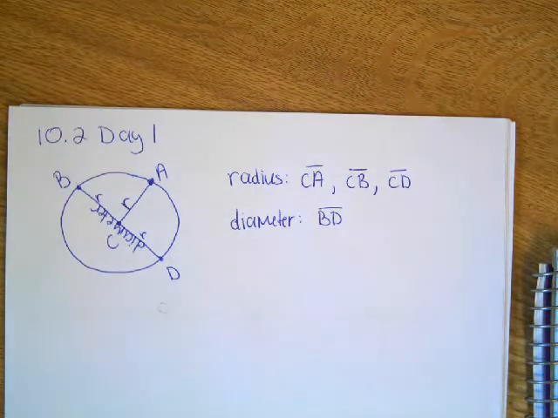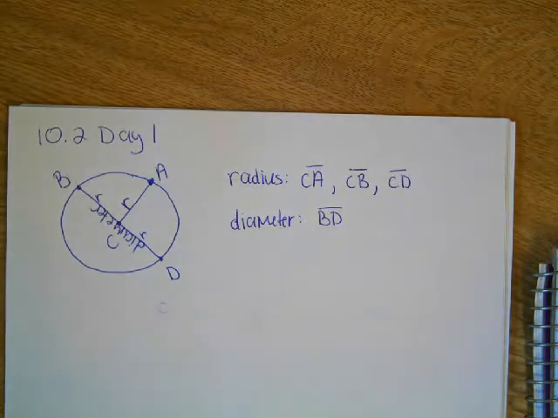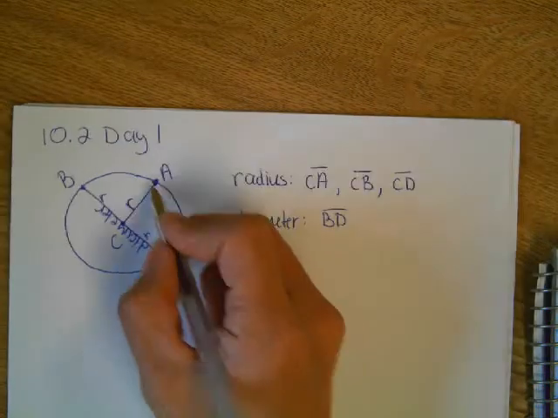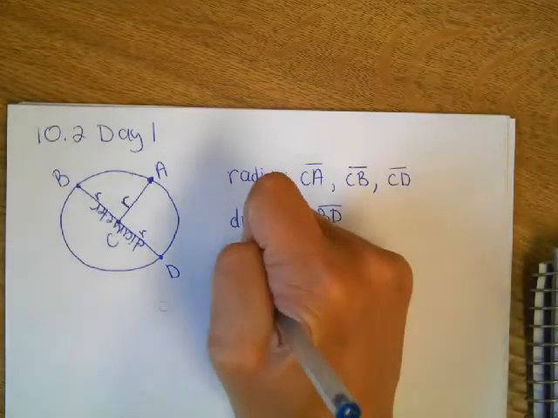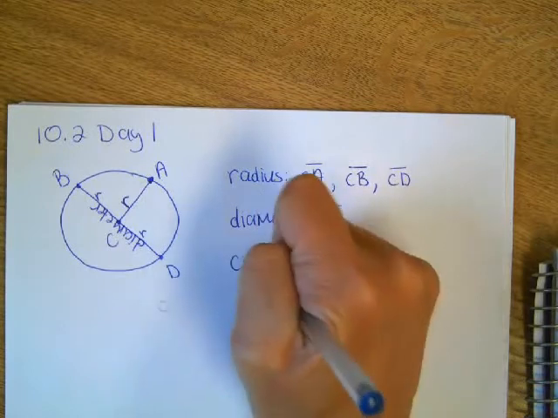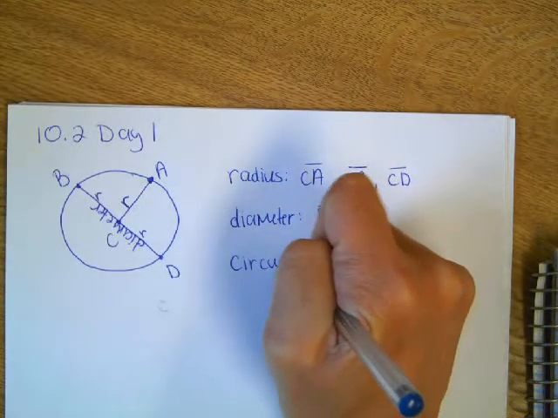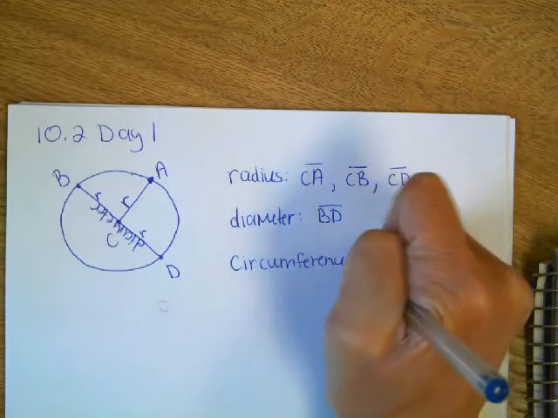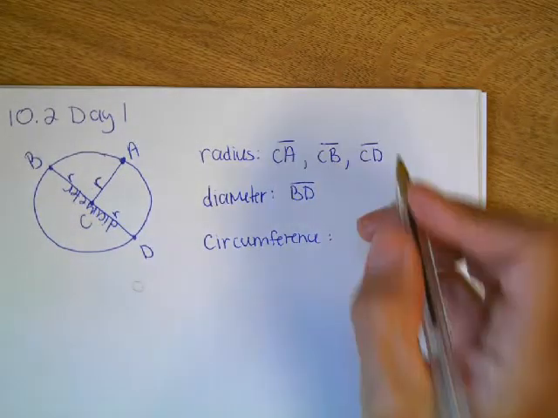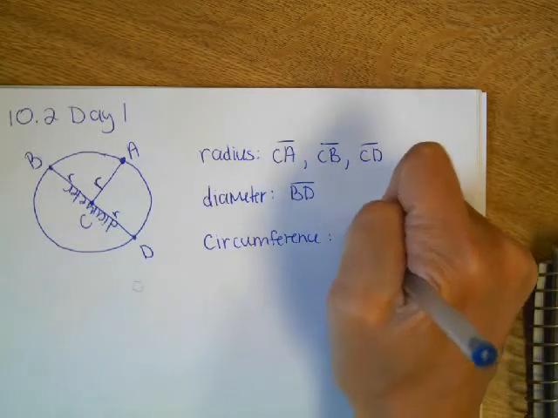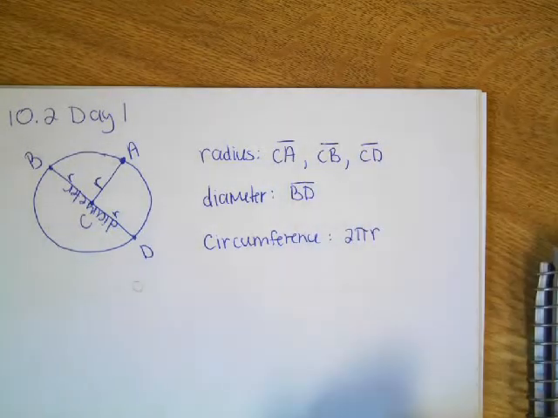All right. Okay, now our formulas. For the circle, we're going to talk about two things. The distance around, which is known as perimeter, but we call it circumference. So the circumference of a circle is, the book will say 2 pi r. 2 times the value of pi times the radius.